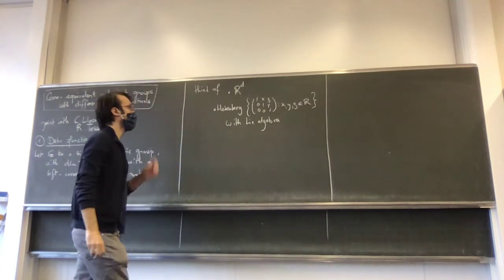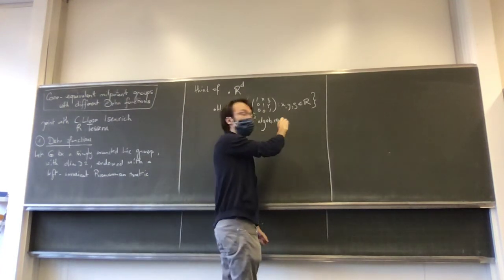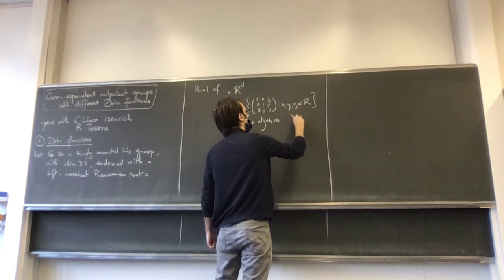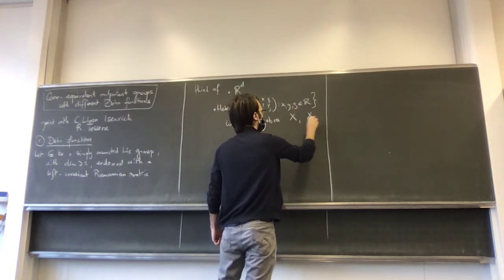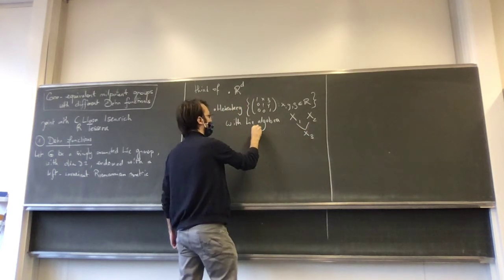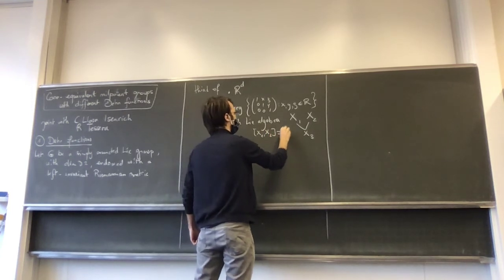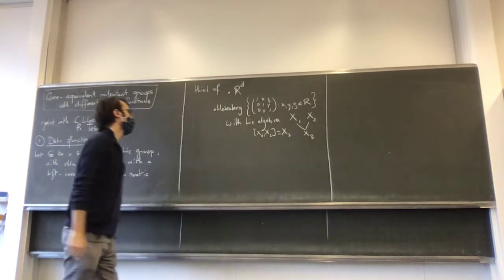It is spanned by 3 vectors, and I will use a diagram to symbolize the Lie algebra, writing that there are 3 vectors and that their bracket is x3. So it's spanned by x1, x2, x3, and the bracket of x1 and x2 is equal to x3.